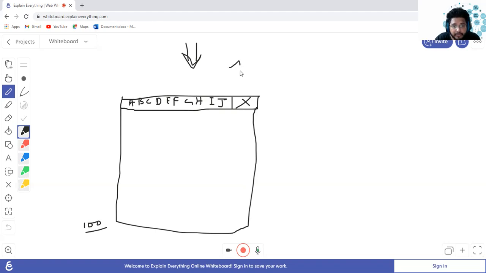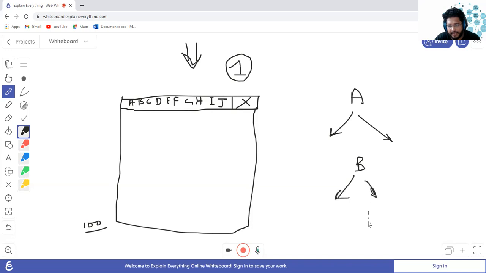No. We will have only one unique decision tree. I am considering all the columns at the same time. So I am dividing A, I am dividing B, similarly up to J, and I am calculating the Gini impurity of each.